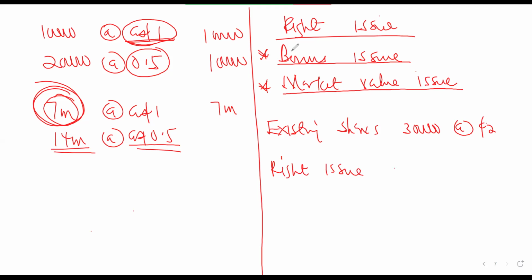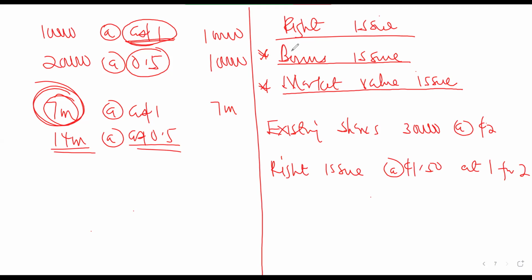We are doing a rights issue at 1.5, or 1 cedi 50 pesewas, for what? So the shares will be at a proportion of 1:2.